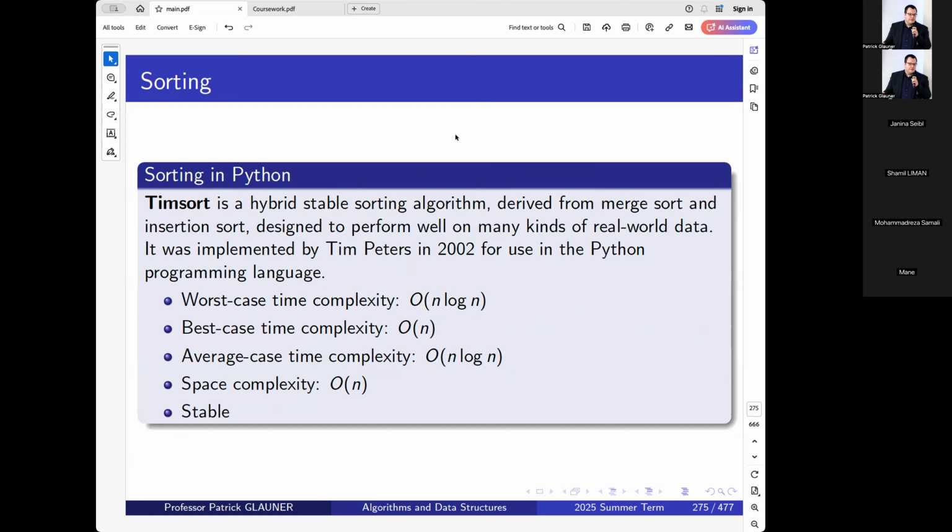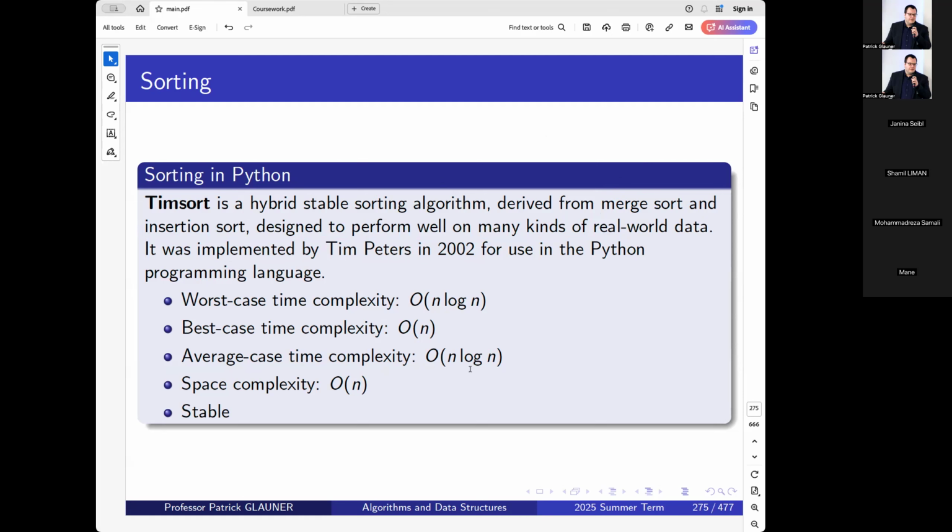And this sorted function in Python is actually not using quicksort or bubble sort, but an algorithm called timsort, a hybrid stable sorting algorithm derived from merge sort in combination with insertion sort. It was designed with the wish to work well on many kinds of real-world data, was designed by Tim Peters, and is used in the Python programming language. Feel free to read about it if you wish.